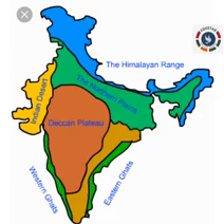These are the physical divisions of India. We have islands on both sides. The Andaman and Nicobar Islands are located on the Bay of Bengal side. The Lakshadweep Islands are located on the Arabian Sea side.